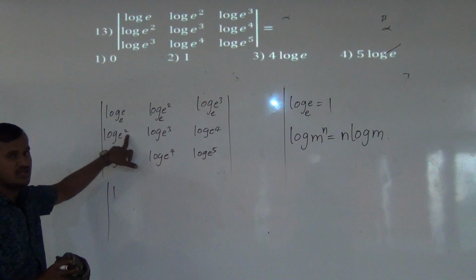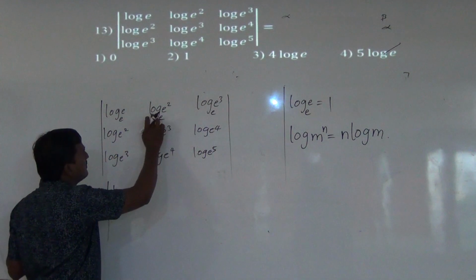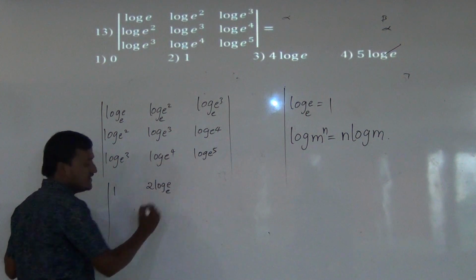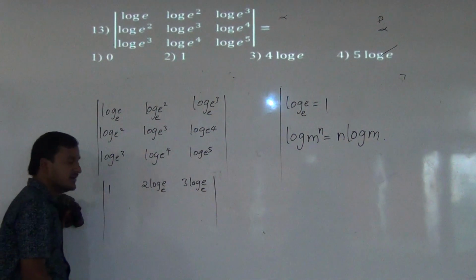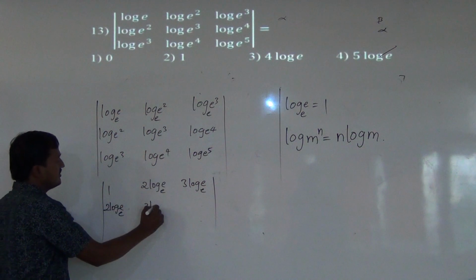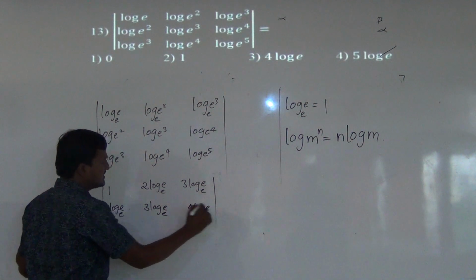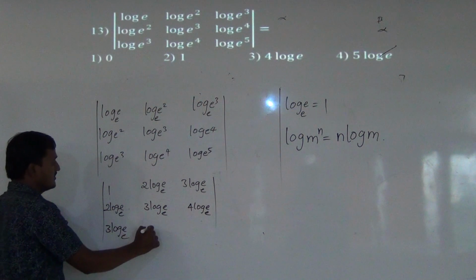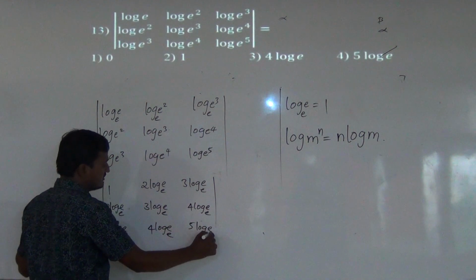Now log m raised to n becomes n log m, so this becomes 2 log e to the base e, 3 log e to the base e, and 4 log e to the base e, and here 3 log e to the base e, 4 log e to the base e, and 5 log e to the base e.